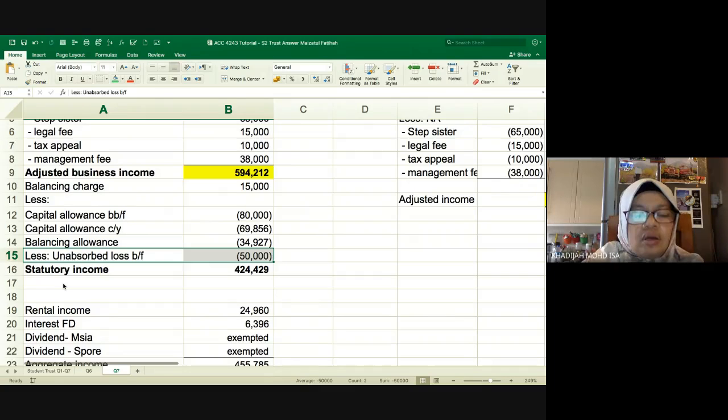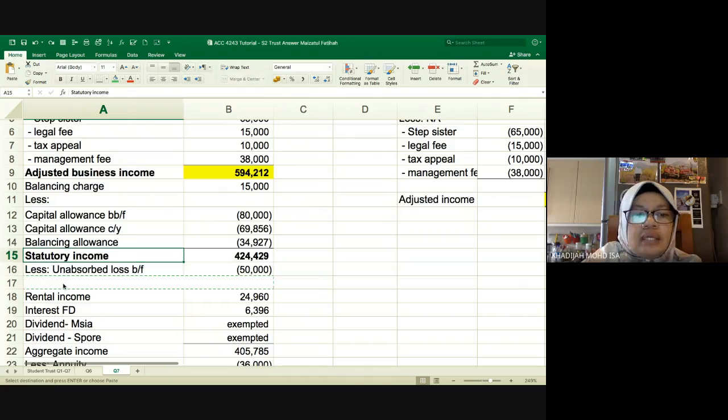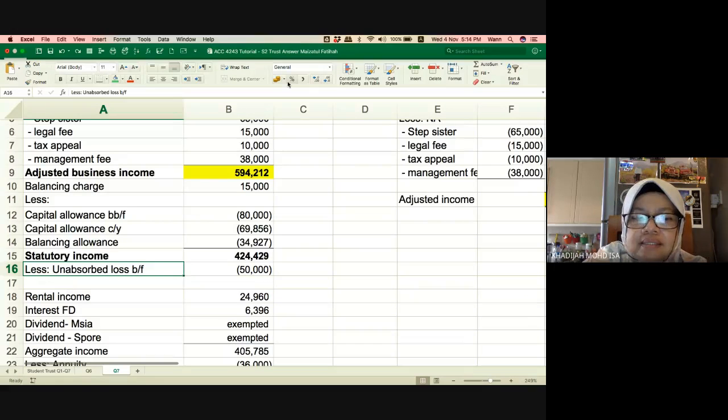That is wrong because why? Control Z. Your unabsorbed loss is always against your statutory income. In other words, if you have business 1, business 2, you have aggregate statutory income, then only you deduct your loss brought forward.